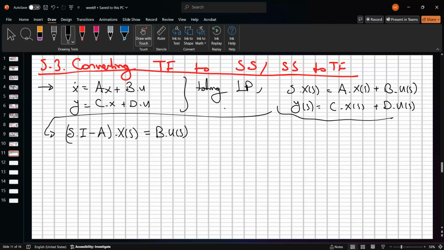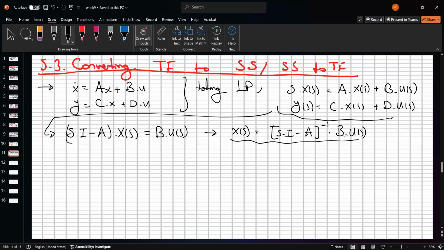Or we can turn into what? If this is the vector form or the matrix form, X(s) is represented with the inverse value, (sI minus A) inverse times B times U(s), right? This is a simple matrix operation with the inversion form, okay?